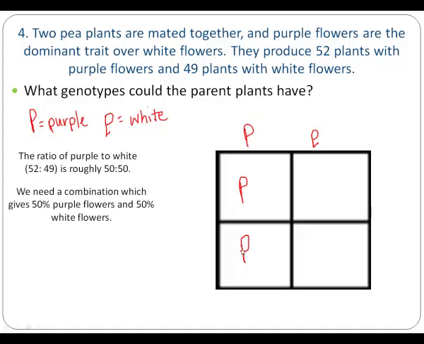I'm going to go ahead and distribute these. Right now I'm trying to make 50% white, so this is going to have to be little p, little p. So there's a purple plant, there's another purple plant, there's a white plant, and there's another white plant. So I get 50-50.